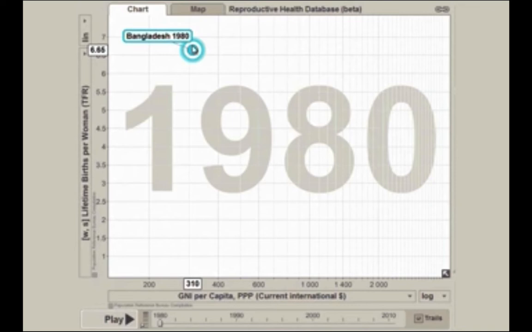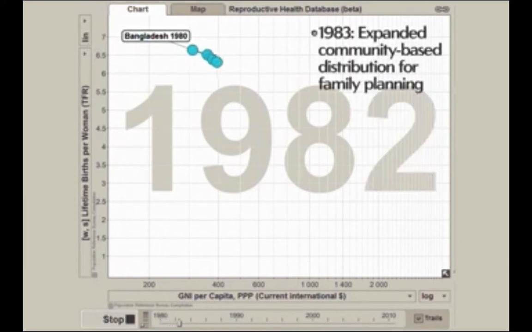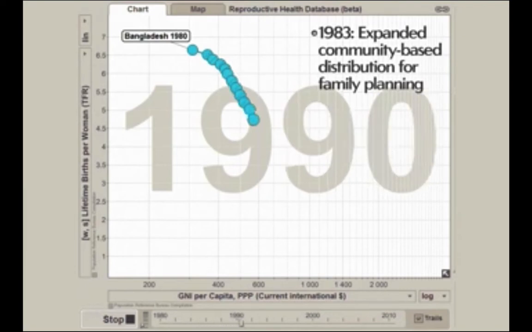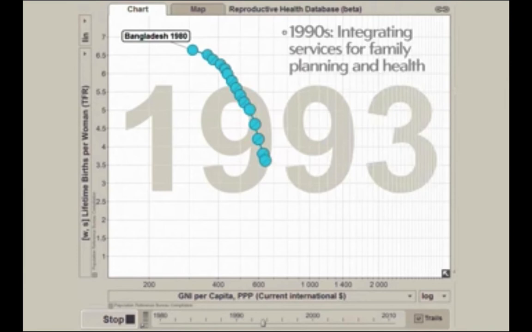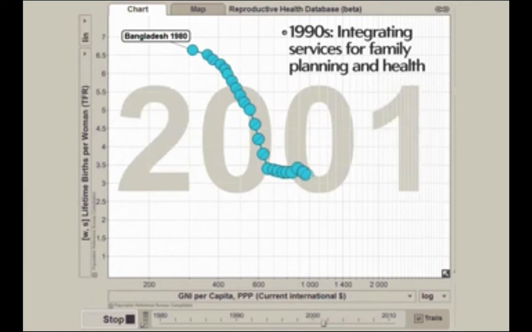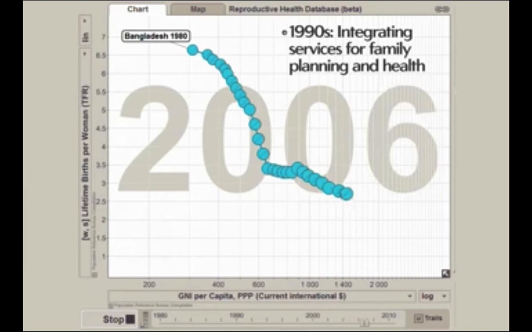Let's move forward in time and see what has changed. In 1983, Bangladesh expanded community distribution for family planning to more rural areas, and you see that fertility is dropping dramatically. In the 1990s, Bangladesh focused on integrating services for family planning and health. You see that right around 3 children per woman, the gross national income per person starts to increase dramatically.